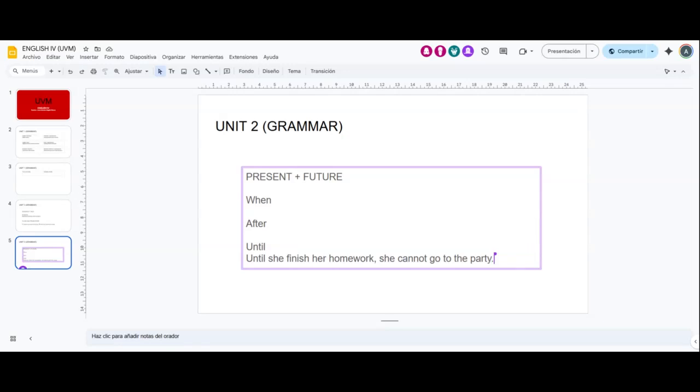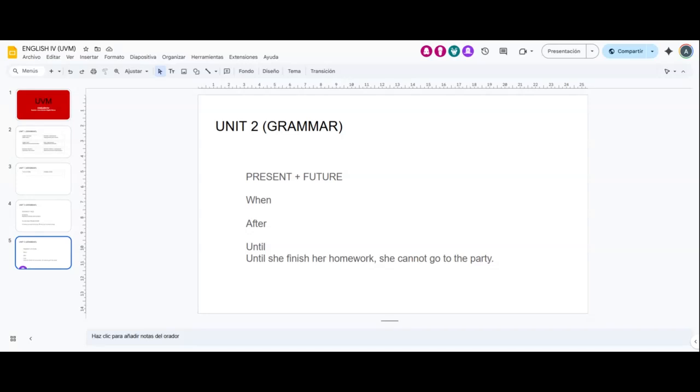Until she finishes her homework, she cannot go to the party. Okay, that's a good sentence. When and after, please, if you can help me. I'll take you to the park after you finish your homework. Excellent. Remember that in this case, the main clause is going to be in future or is going to use a modal.